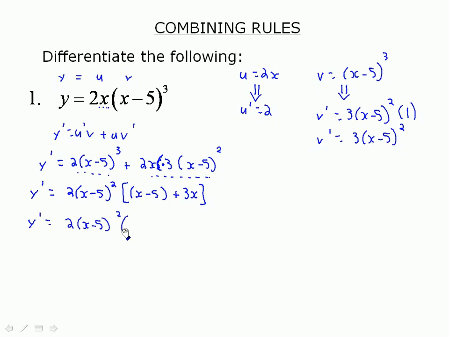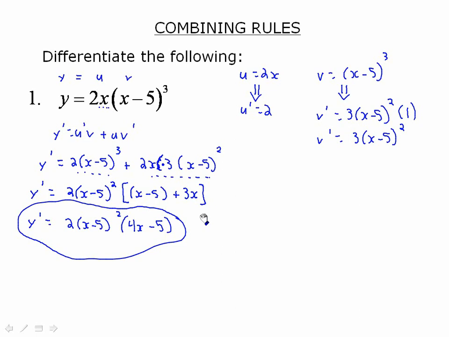Get the like terms together, and you'll get 4x minus 5. And that's it. So not a particularly complicated one, and it will get more complicated, but it does illustrate the basic method that we use for these ones.